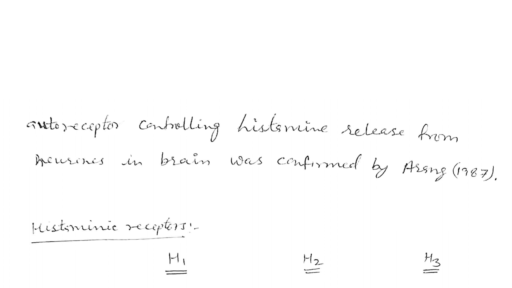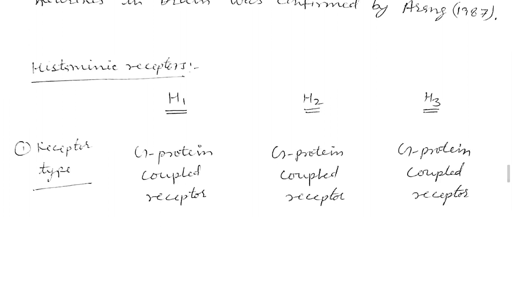But H3 receptors are abundantly present in the brain, and they are responsible for the secretion of histamine release controlling hormone or chemicals. So they are the autoreceptors present in our brain.